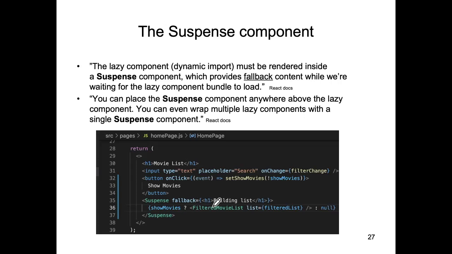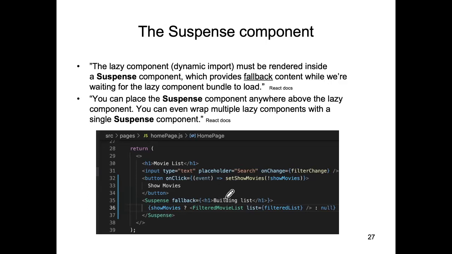So the question is, what happens in the meantime? Does the browser freeze waiting for this second bundle to be downloaded? And the answer is no, it doesn't. What it does is it displays whatever the suspense component tells it to display by virtue of this fallback property. This fallback property can be assigned just a piece of ordinary HTML.